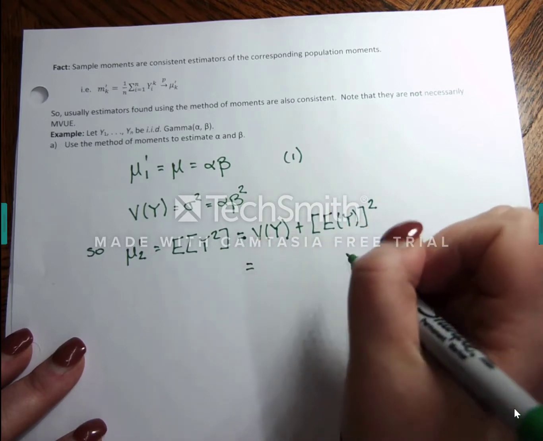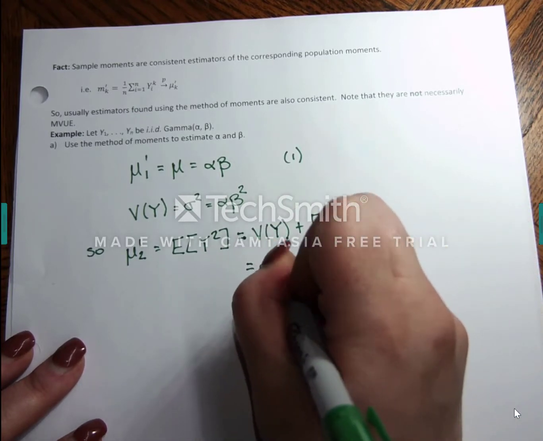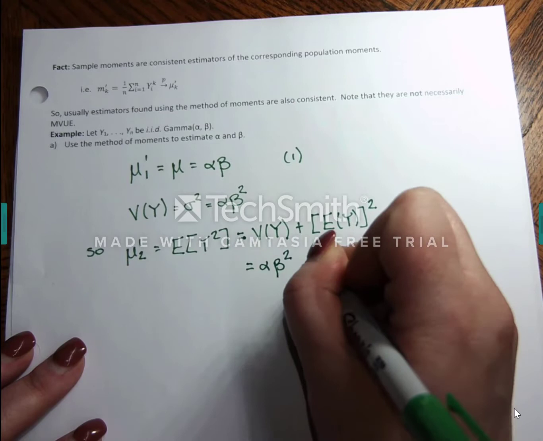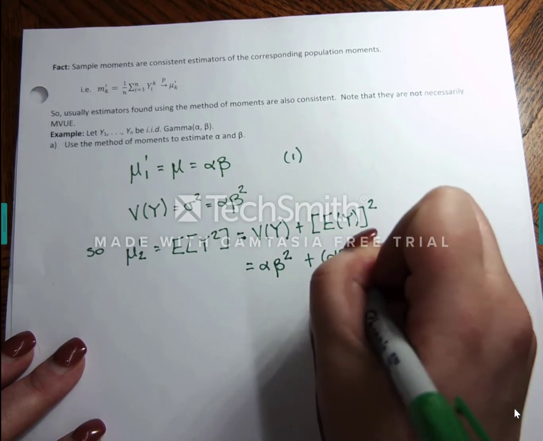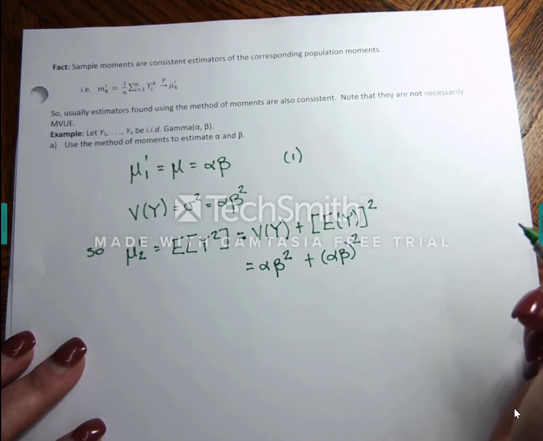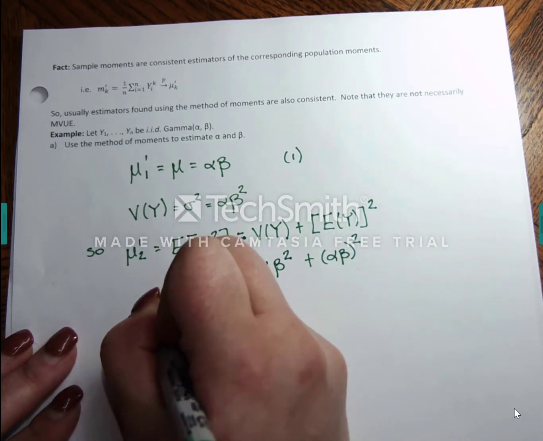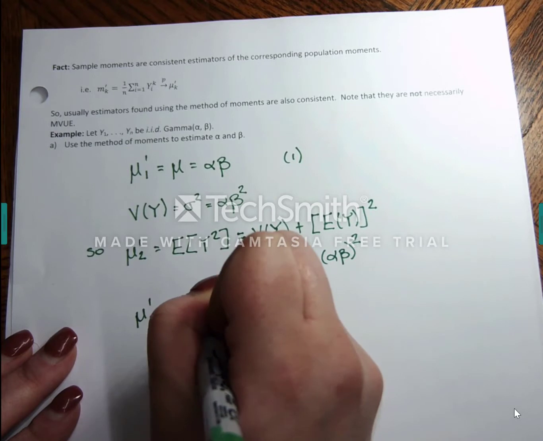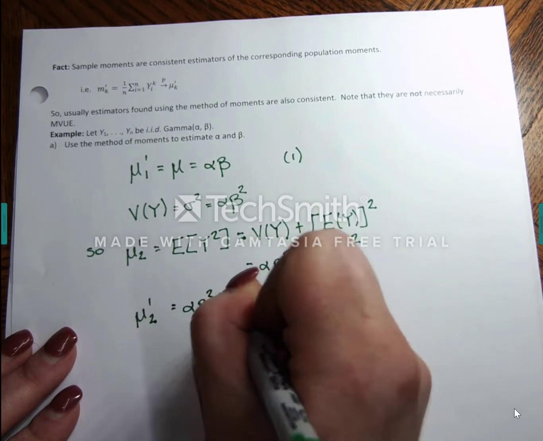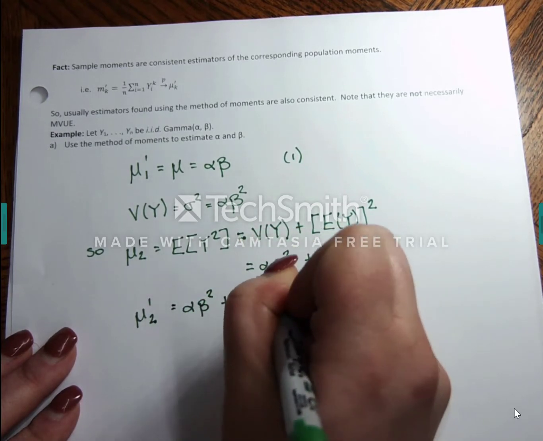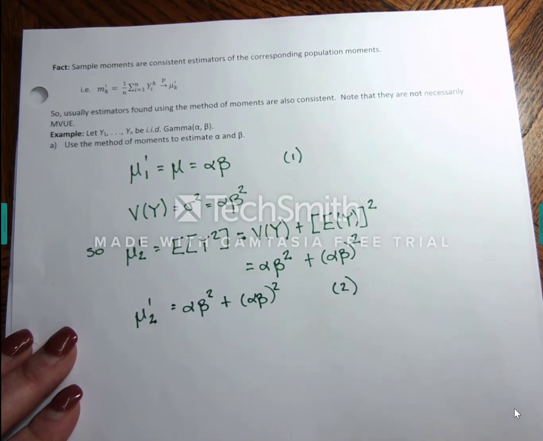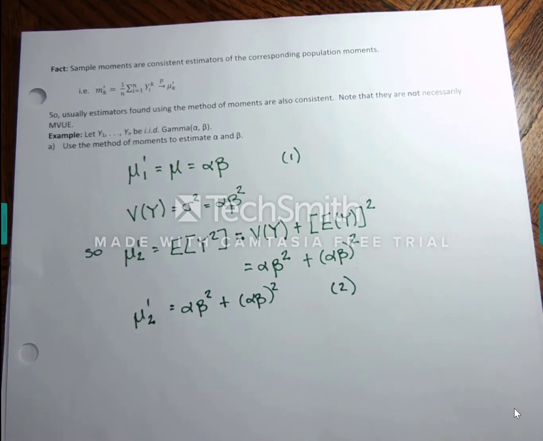So the second moment about the origin is equal to alpha beta squared plus alpha beta squared. We're going to call this 2 because we're going to need that in a minute.